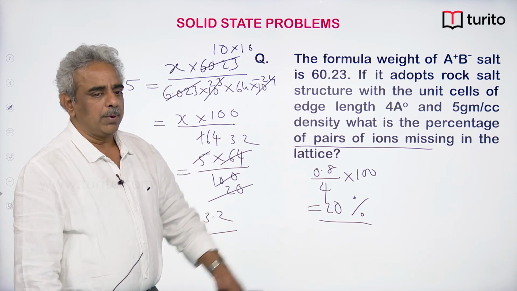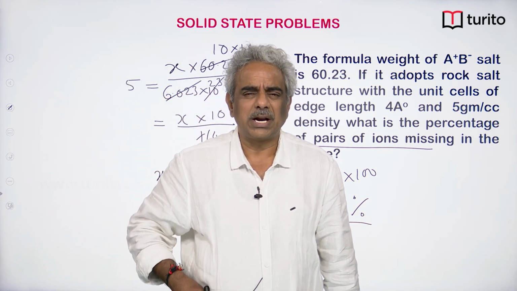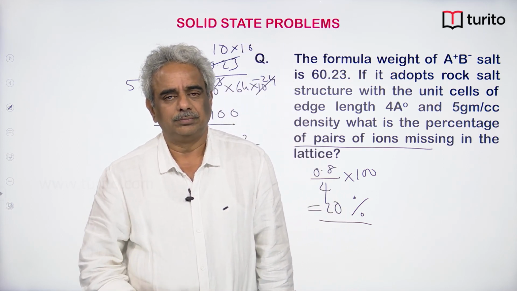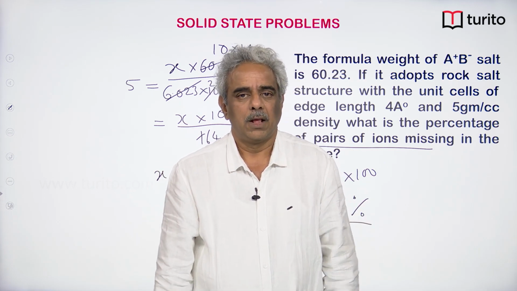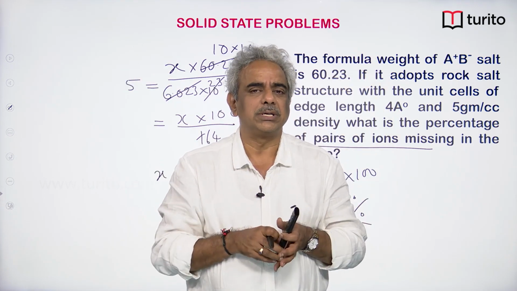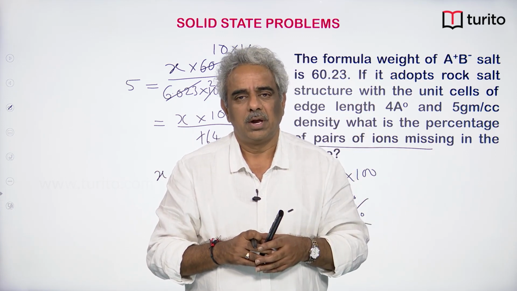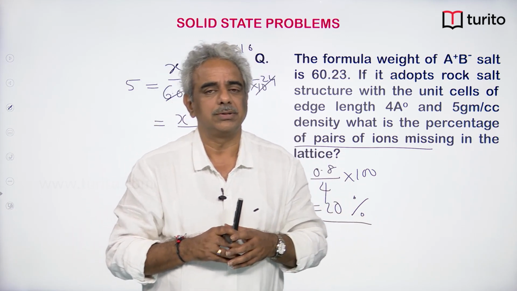In this particular problem, what we should understand is that in general in ionic crystals we can't expect an ideal structure. While crystallizing, based on the conditions, some ion pairs will be missing. So, there are various varieties of defects we come across.